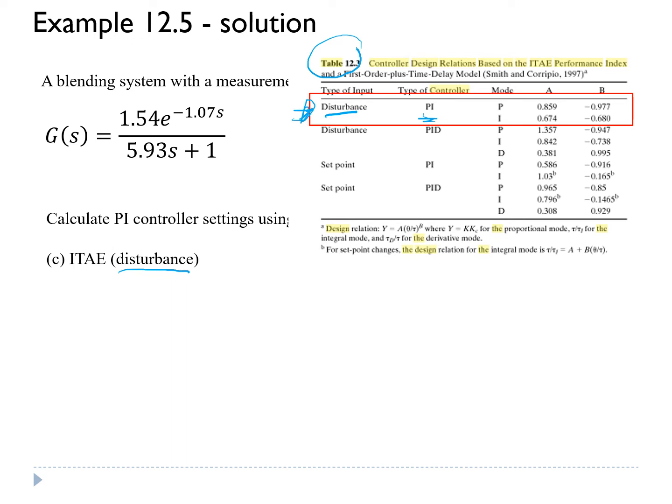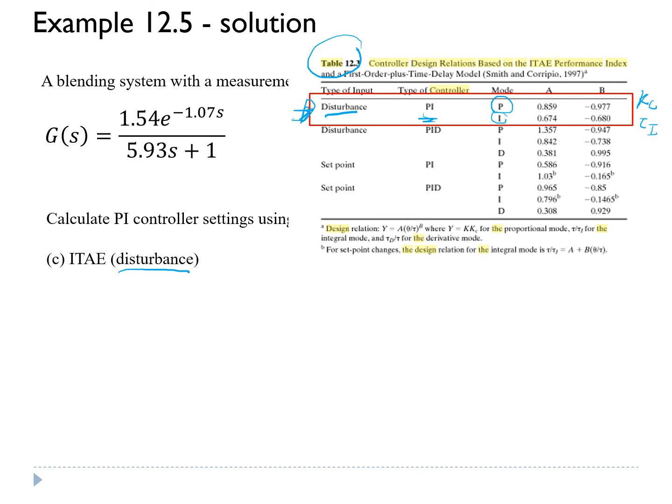So the first row here, P here is to calculate the value of a proportional parameter, which is KC, and I here to calculate the parameter for integral controller, which means to calculate the value of tau I.